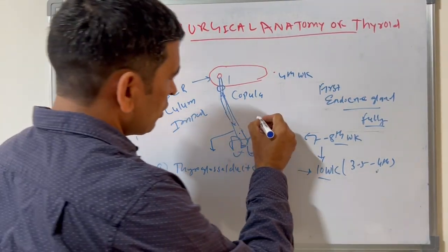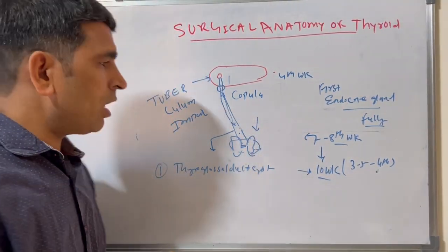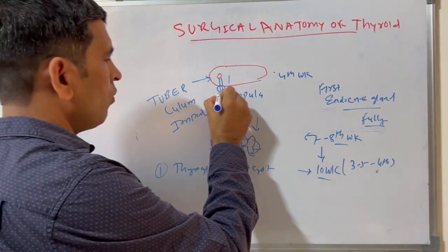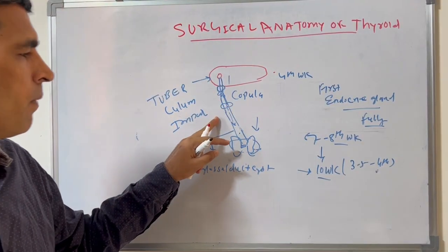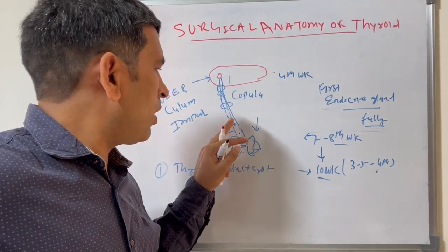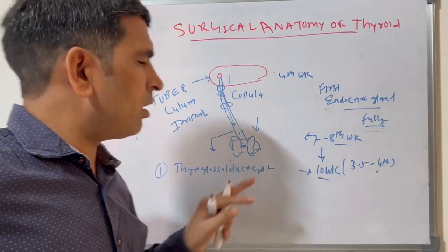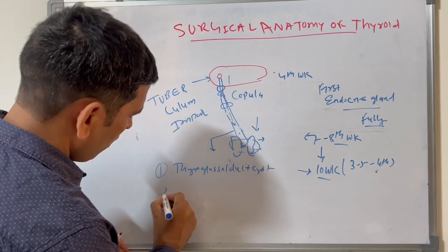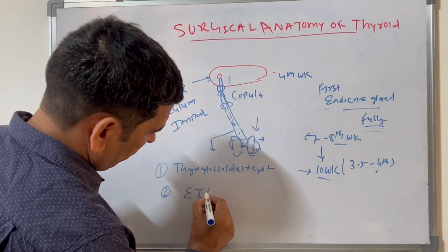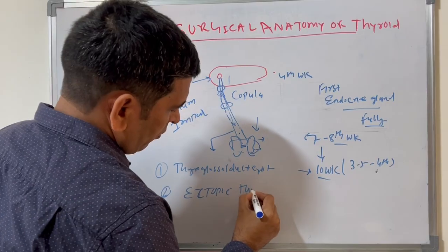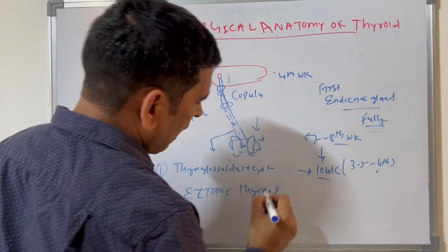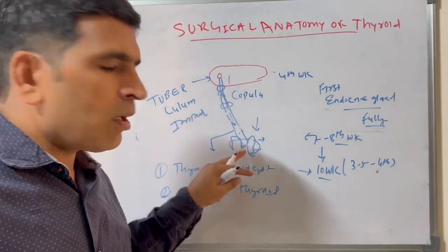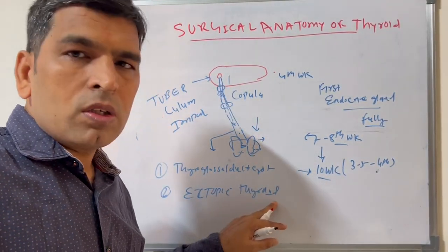Sometimes the thyroid does not descend and leads to abnormal positions, like below the tongue, behind the tongue, prelaryngeal position, and pretracheal position. Where the descent stops is called ectopic thyroid. So failure of descent leads to an ectopic position. Thyroid tissue in the line of descent is called ectopic thyroid tissue.